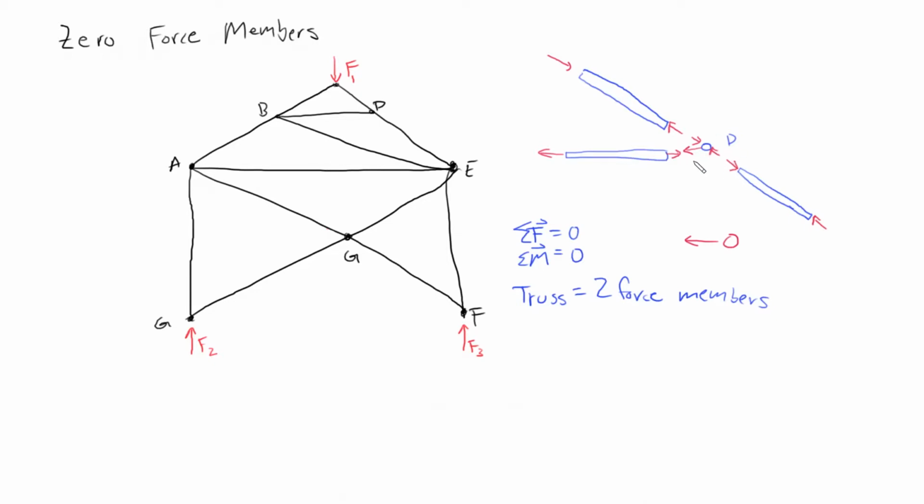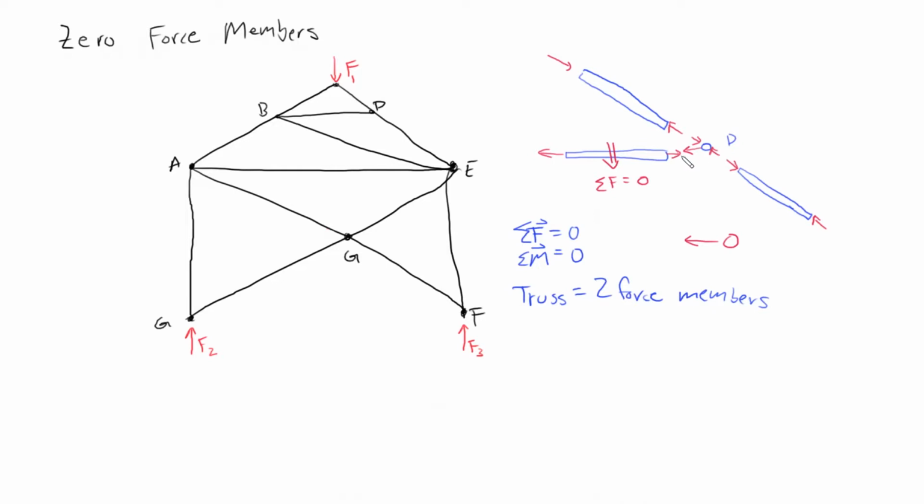This is just the first example I want to go through. So right here, we can say that this bar has 0 forces acting upon it, because if there were, the forces along this axis, or this line of action, would actually cancel out each other because they lie on the same line.